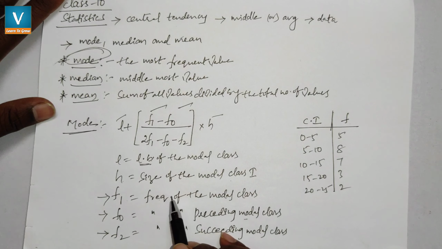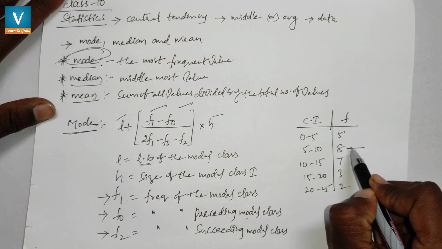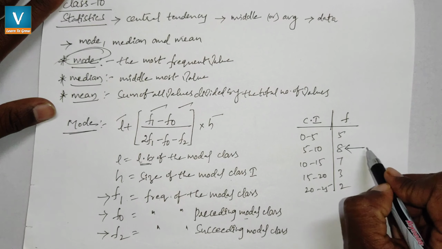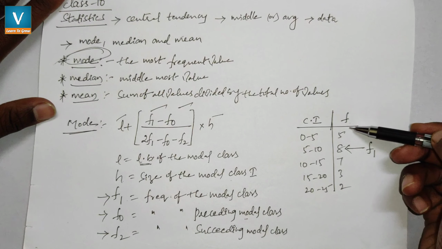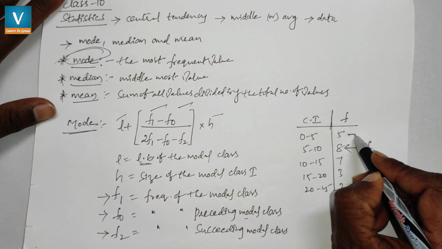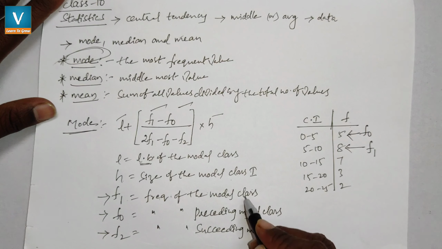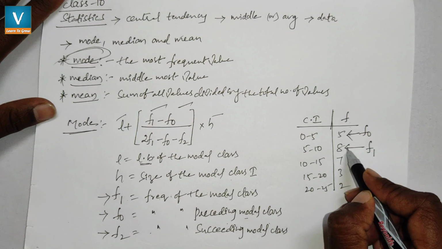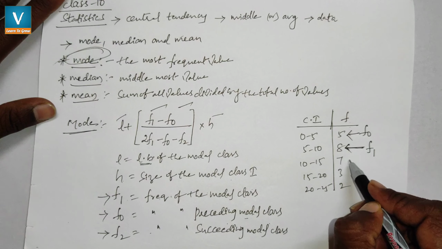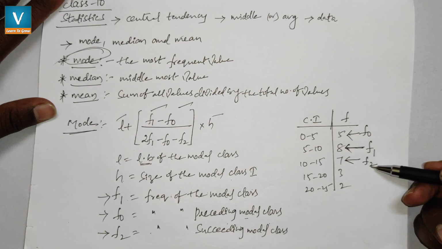Here 8 is the highest frequency, the frequency of the modal class, so it is F1. Preceding means the number before it, which is 5, so that is F naught. F2 is succeeding the modal class, the next one, which is 7. So F naught, F1, F2.